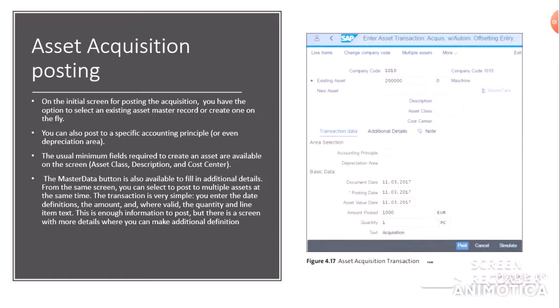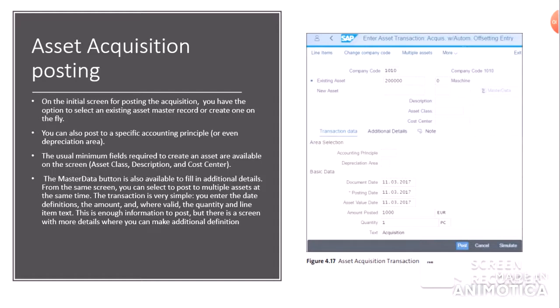The transaction is very simple. You enter the date definitions, the amount, and where valid, the quantity and line item text. This is enough information to post, but there is a screen with more details where you can make additional definition.